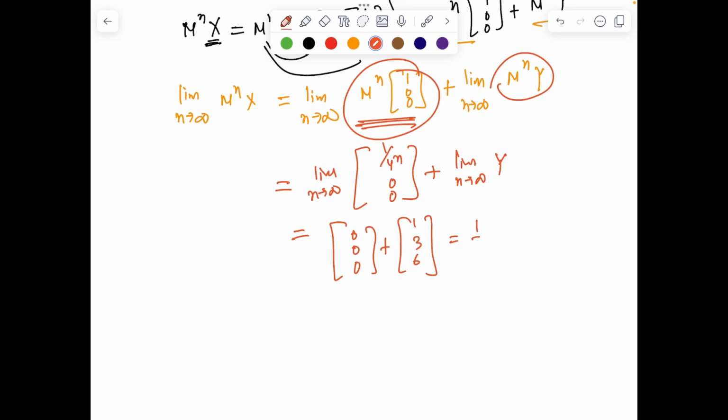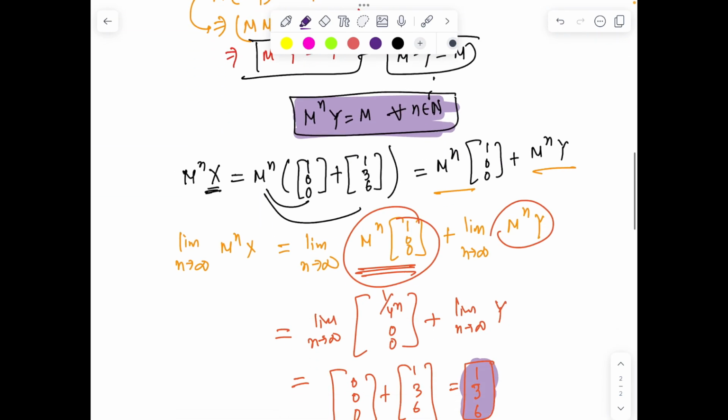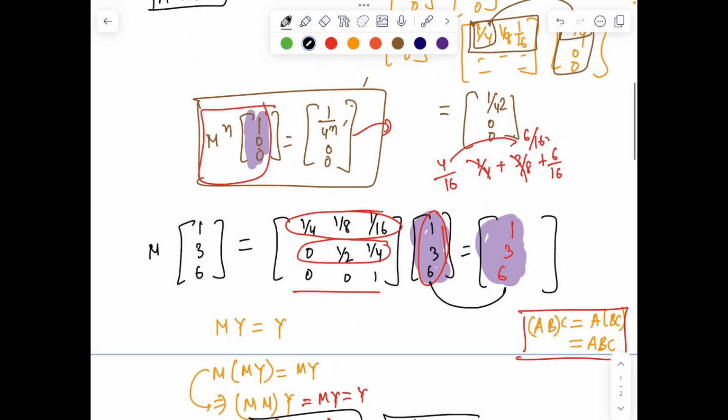And the answer for this beautiful problem is 1 3 6. So in the limiting case, the column vector that we are getting is simply the matrix 1 3 6, which is our final answer to this problem.